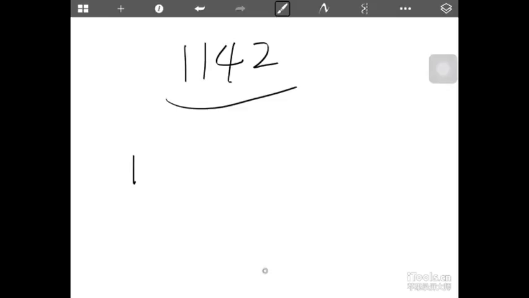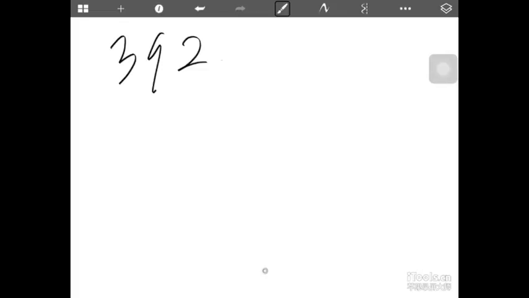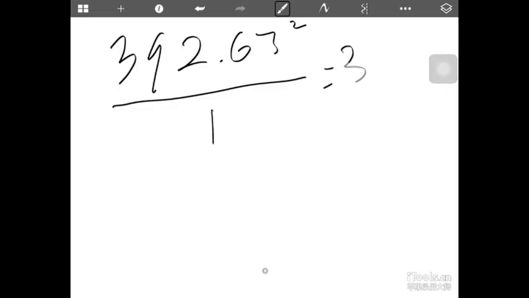The divisibility rule for the number 1 is, let's say we have this number. Every single number in the world should be divisible by 1, and the answer would be the number itself. So if you do this, it'll literally give us 1142. If you try another one, even a big number that doesn't make sense, divided by 1, it will have to equal the number itself.